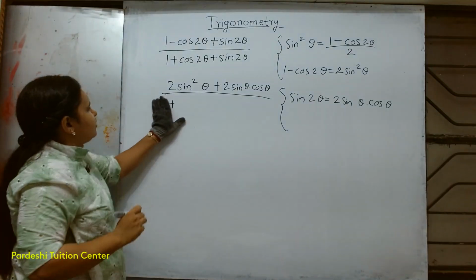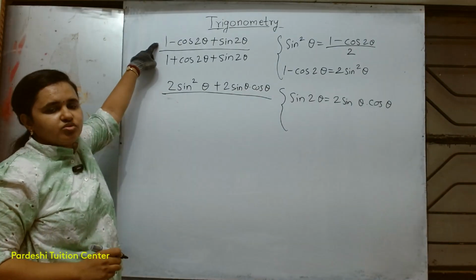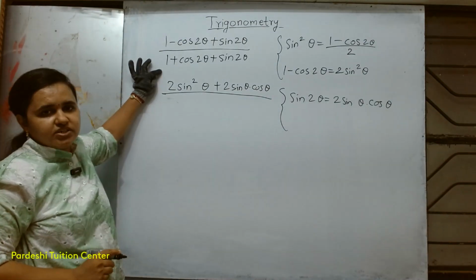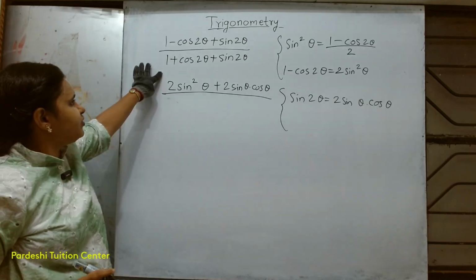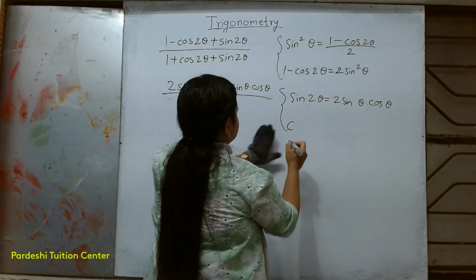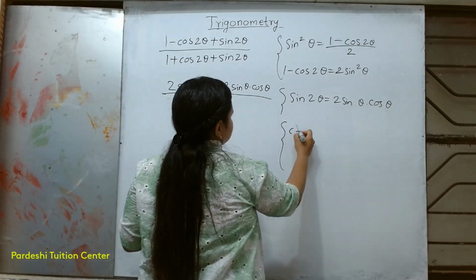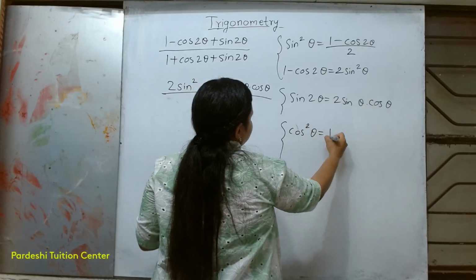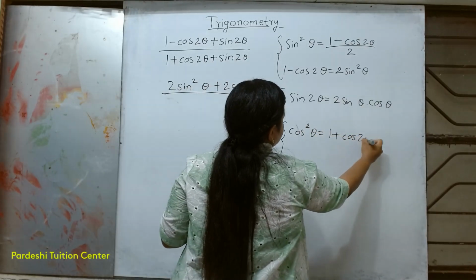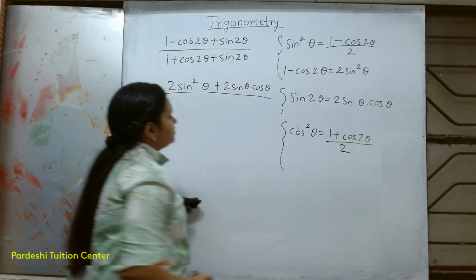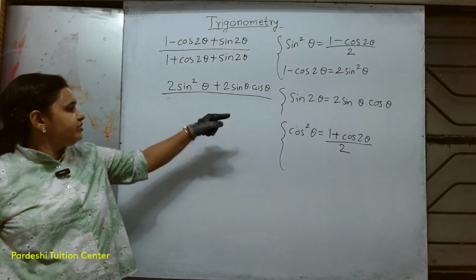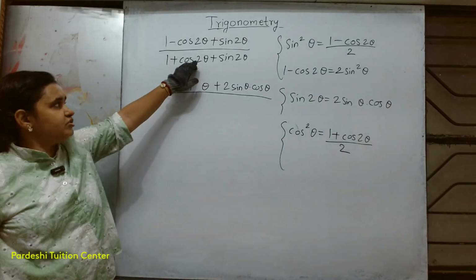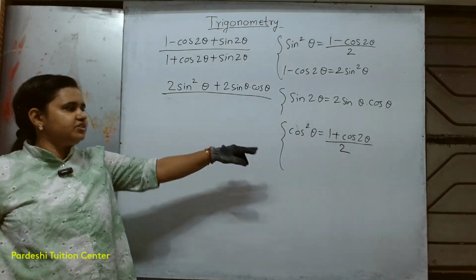Upon 1 plus, now again it was 1 minus cos 2 theta, it is 1 plus cos 2 theta. The formula is cos square theta is 1 plus cos 2 theta upon 2. So we can derive 1 plus cos 2 theta from that.